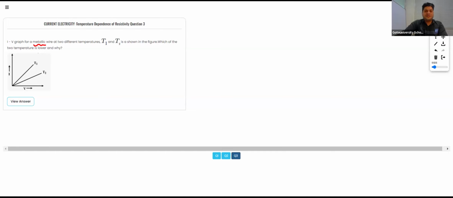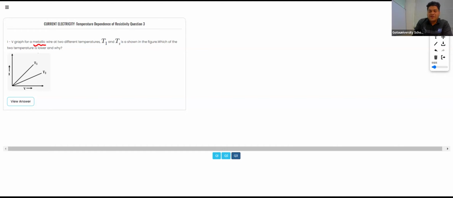T2. Yes, Akhil, very good. But I hope you are not doing Google copy pasting. Now just see, we have the IV characteristic.